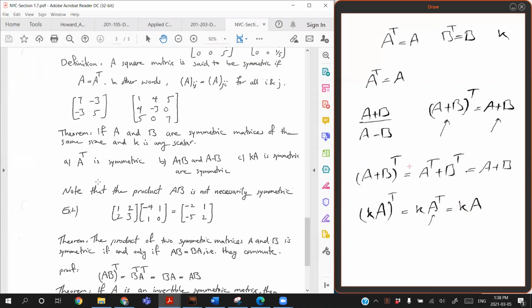This step that I'm doing here, we had in a theorem, which is true for any matrix. Any matrix, it doesn't have to be symmetric. For any matrix, we know that kA transpose is k times A transpose. However, this step is because A is symmetric. Same as this one here. That's true because we know A and B are symmetric.